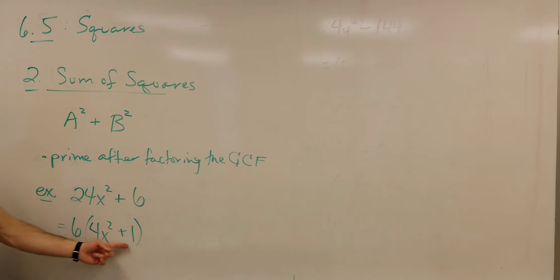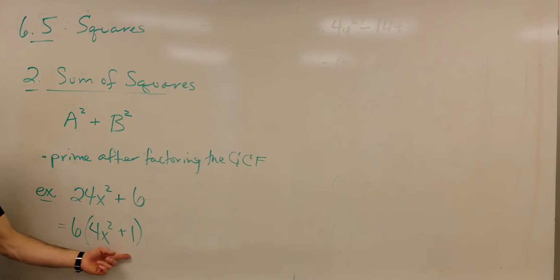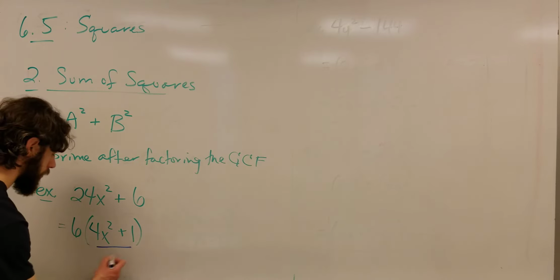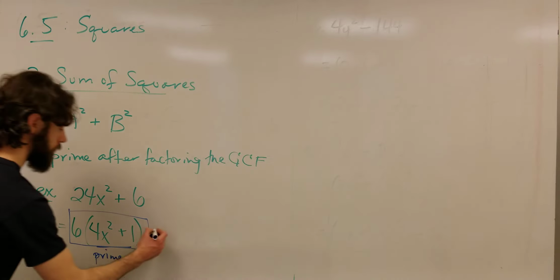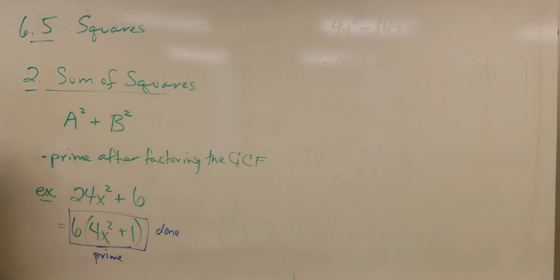So we've got all the common factors out. This is a perfect square term, as is the 1. But since they're added together, that's actually prime. And we're done. This is the factorization. Okay, so just keep an eye out. Make sure that you can tell the difference between the sum of squares and the difference of squares. That's what's really important. If there's a minus sign there, then you can factor it like we did with the first one. But if it's a plus, you're done. That's it.